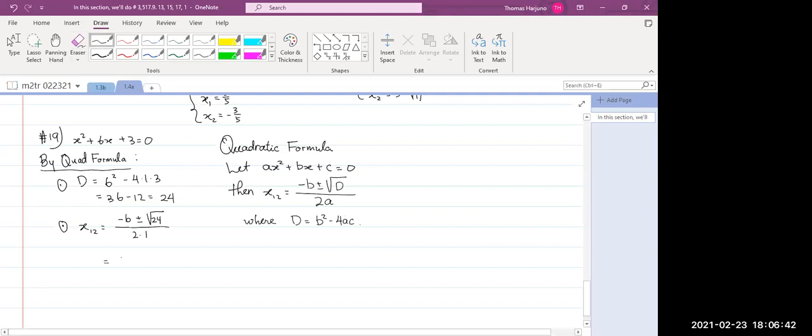I will simplify. This is negative 6 plus minus 2 square root of 6 over 2. Well, I can factor 2 out on the top.